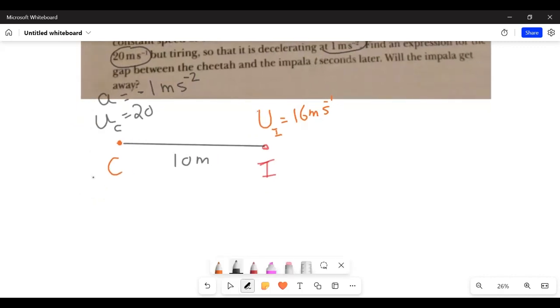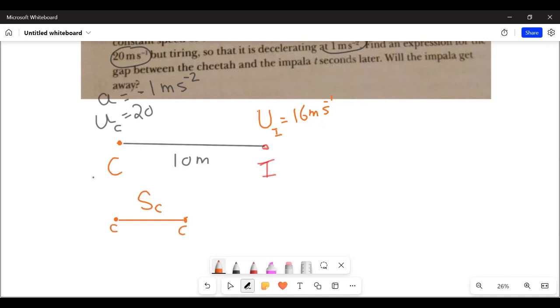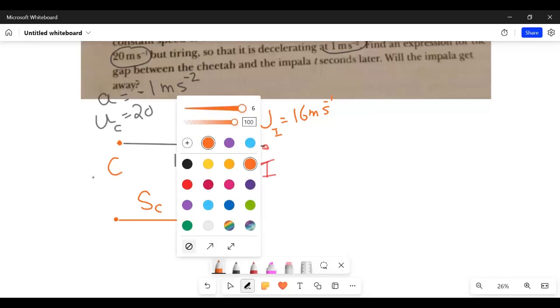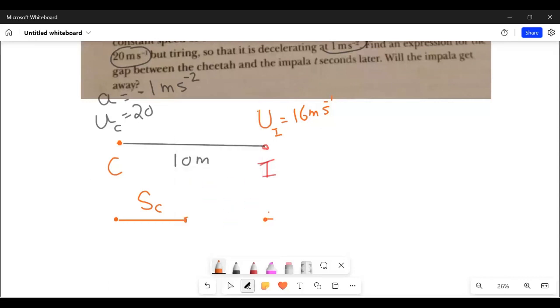The cheetah moved some distance, calling this distance moved by the cheetah. Then the impala started from here and also moved some distance, the distance covered by the impala.